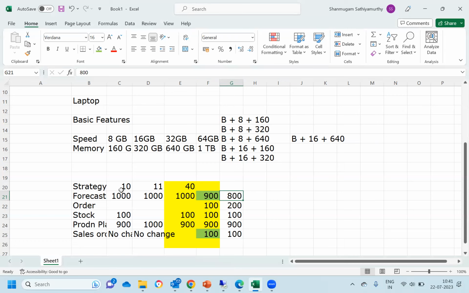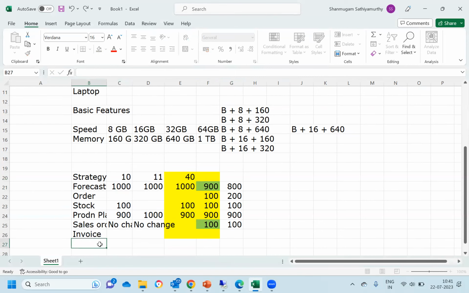But in case of make to stock strategy 10, if I receive a sales order, it will not reduce the forecast. So when will it reduce the forecast? When I invoice. If I invoice 100, this will become 900. If I invoice only. So that is the strategy.